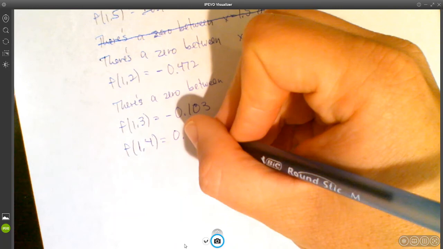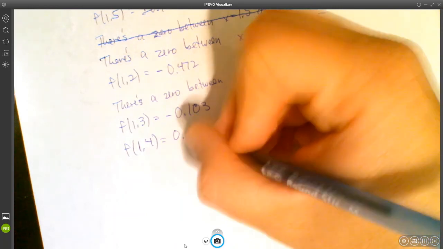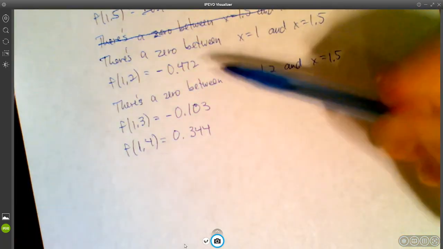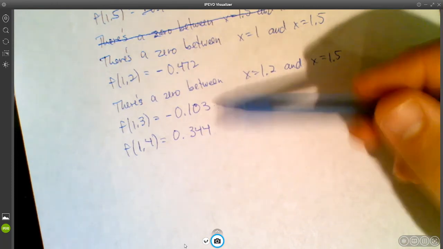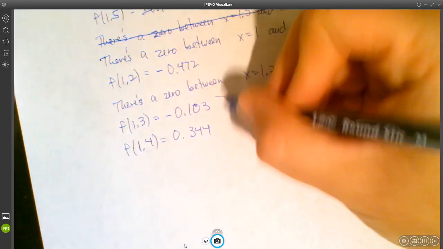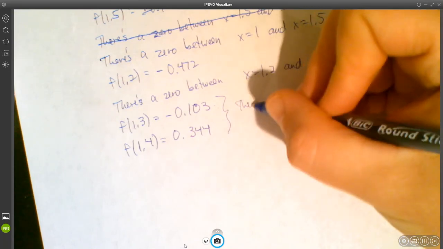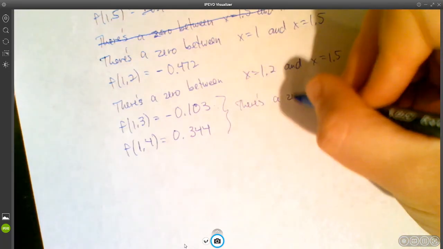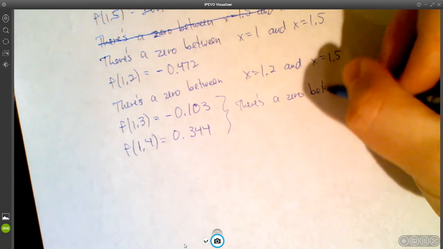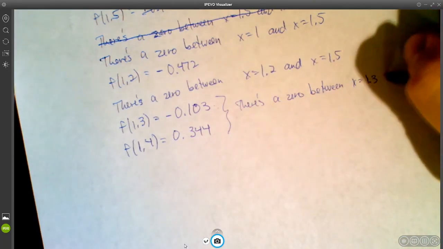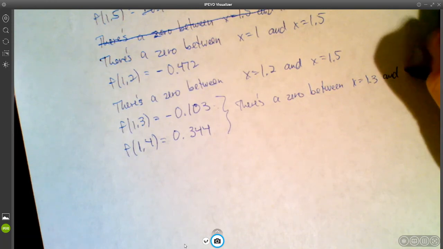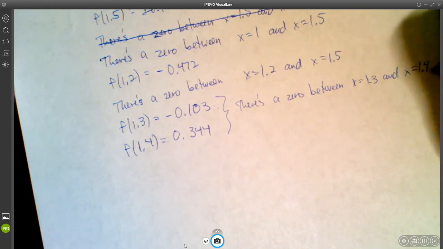Positive 0.344. So notice that f of 1.3 is negative, f of 1.4 is positive. That means there's a 0 between x equals 1.3 and x equals 1.4.